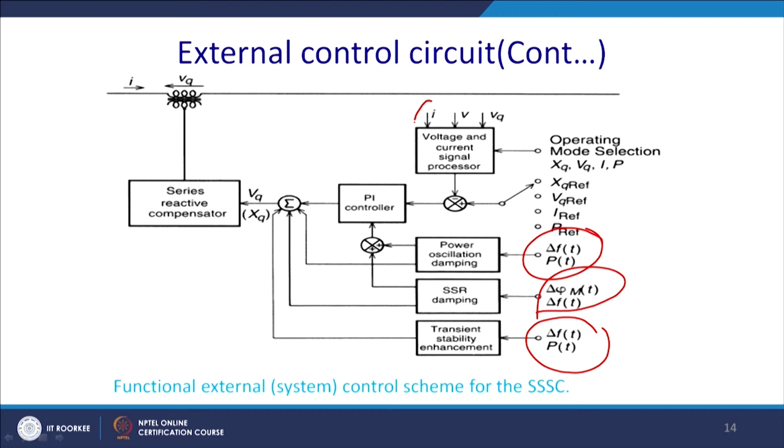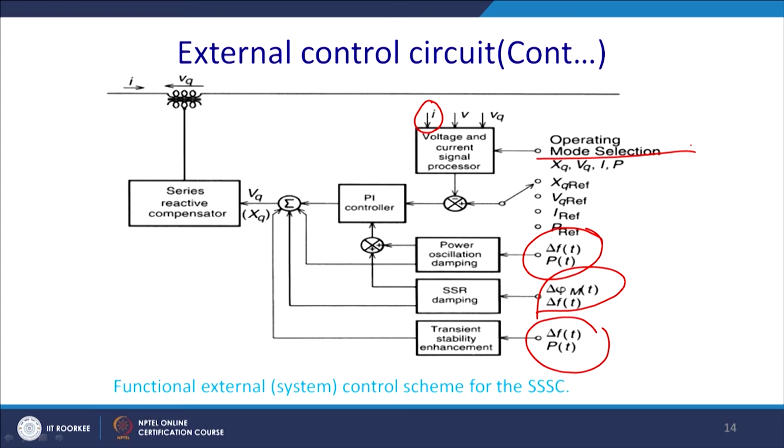Ultimately, you have V, I, V and VQ, and from there you will process the data that you require to compare. And thus an operation mode selection can be as follows.